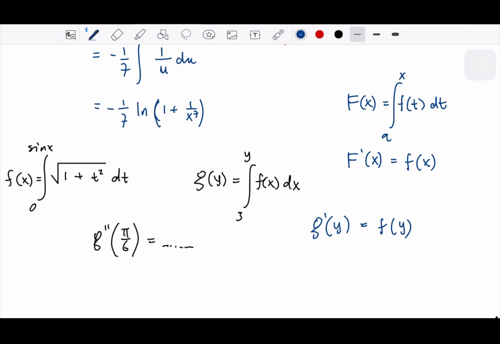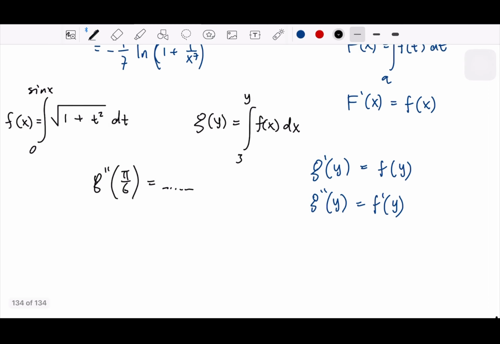It can be any variable. If we take one more derivative, we take f prime of y. So what's happening here is we take f, derive one time, and then plug in pi over 6. So let's try to do that.